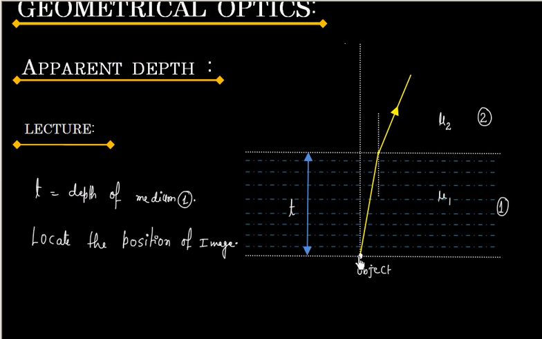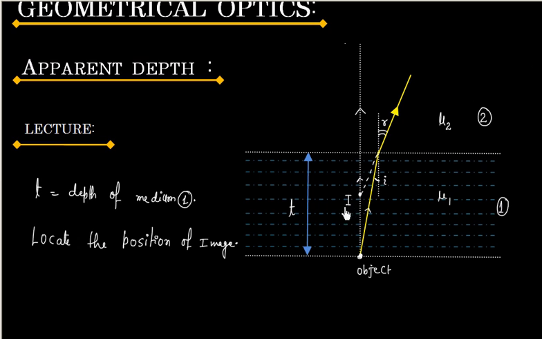So let us consider two rays. One ray is normally incident on the interface. This ray will pass undeviated. Another ray is incident on the interface at an angle I, and it will be refracted, let us say by angle R. Now if I produce this ray backward, it will meet the first ray at this point.